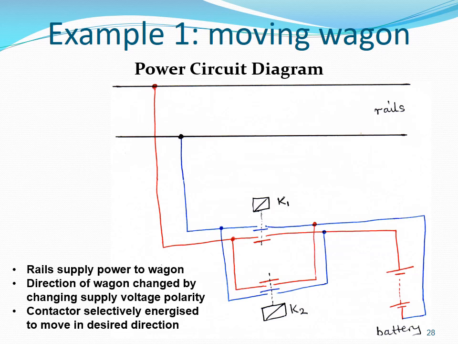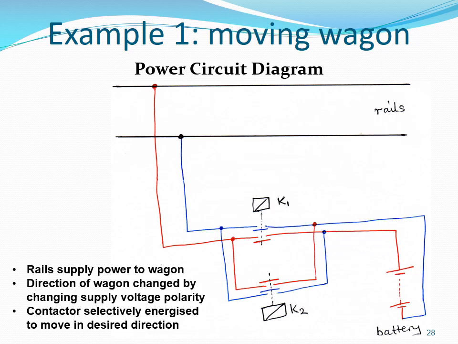To reverse the wagon, the power polarity of the rails is reversed. This is achieved through use of two conductors named K1 and K2. The conductors are switched on and off by the PLC.